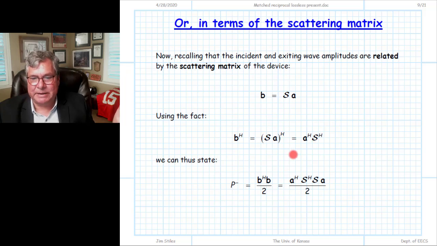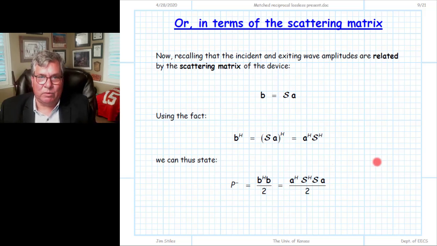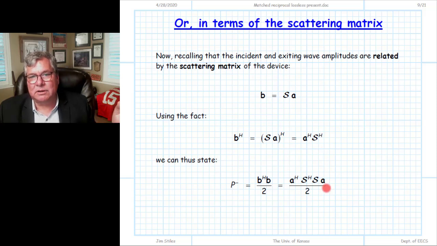We put both of those pieces in here and we have this result. The total power associated with all the exiting waves, written not in terms of the normalized scattered wave amplitudes, but written in terms of the normalized incident wave amplitudes A, along, of course, with the scattering matrix.